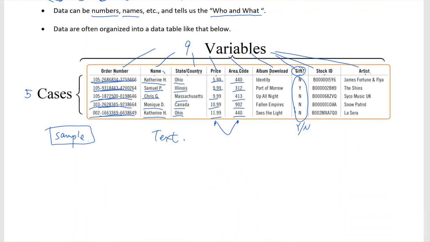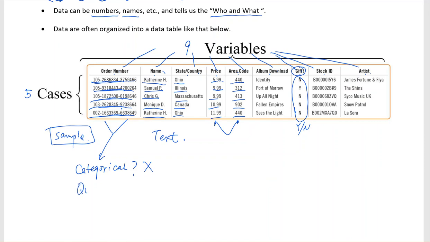For this variable, order number, is this variable a categorical variable? Do these responses belong to some categories? No, right? Because each order has its own order number. It doesn't belong to any categories, right? So it is not a categorical variable.